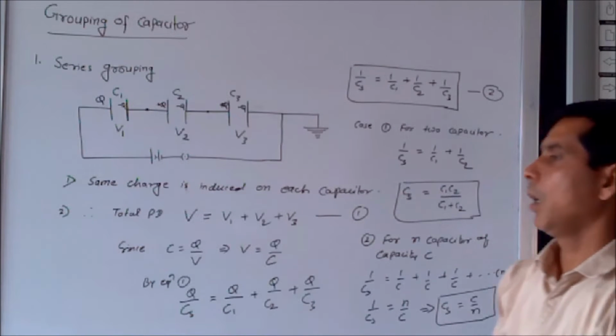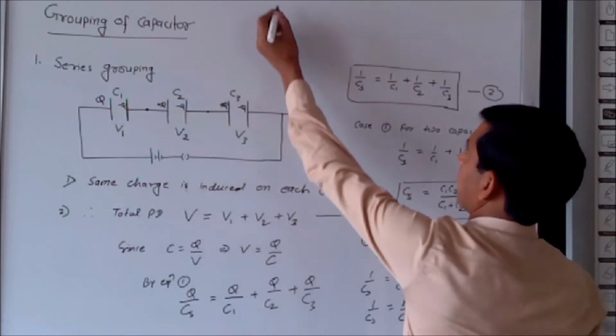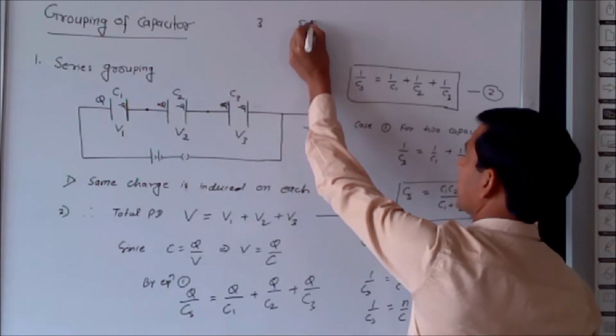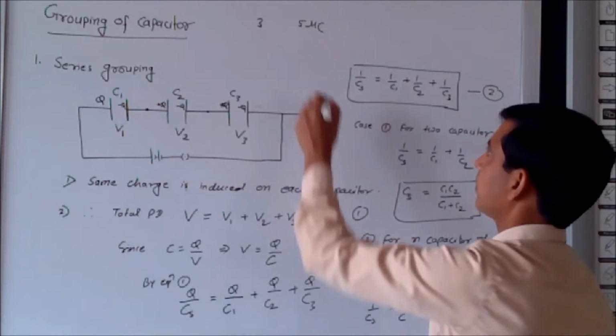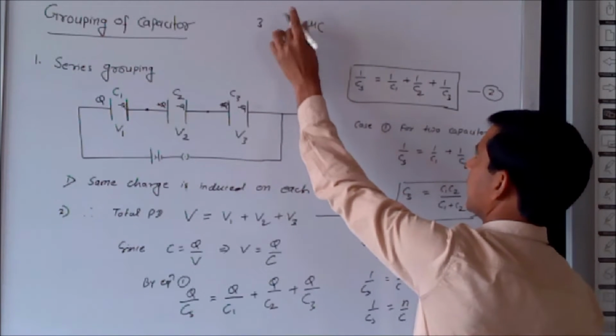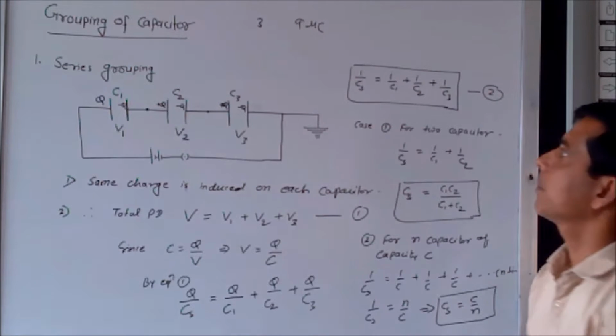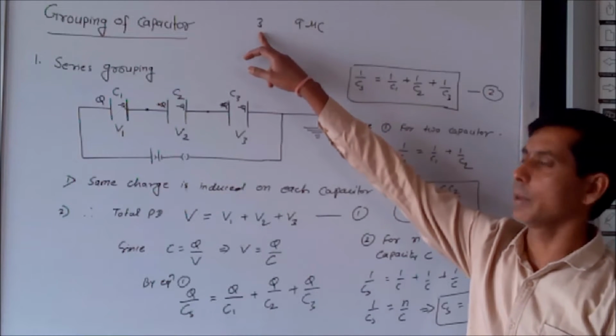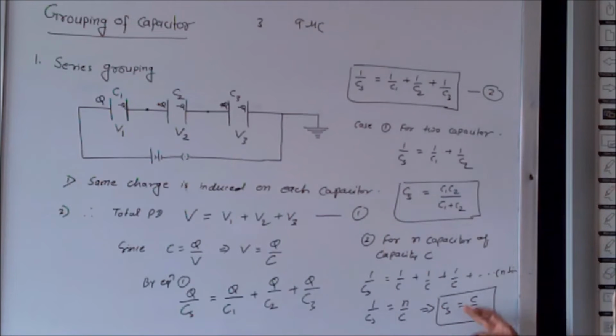Suppose we have 3 capacitors of 9 microfarad. What will be the capacity in series combination? Here 3 capacitors is the value of n, and 9 is the value of C. Then Cs will be 9 by 3.